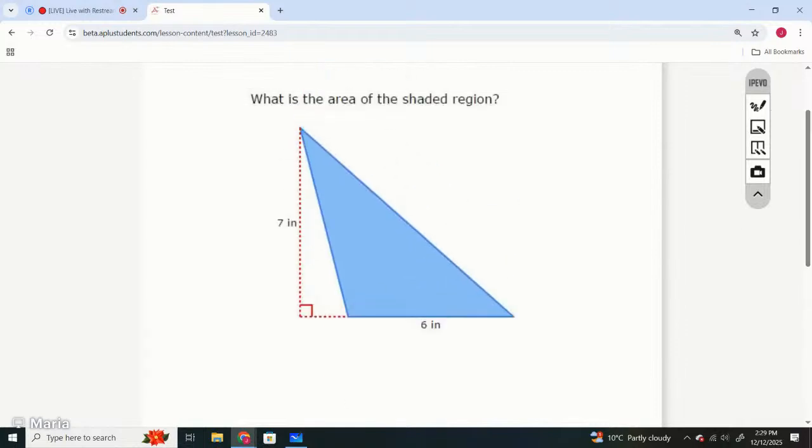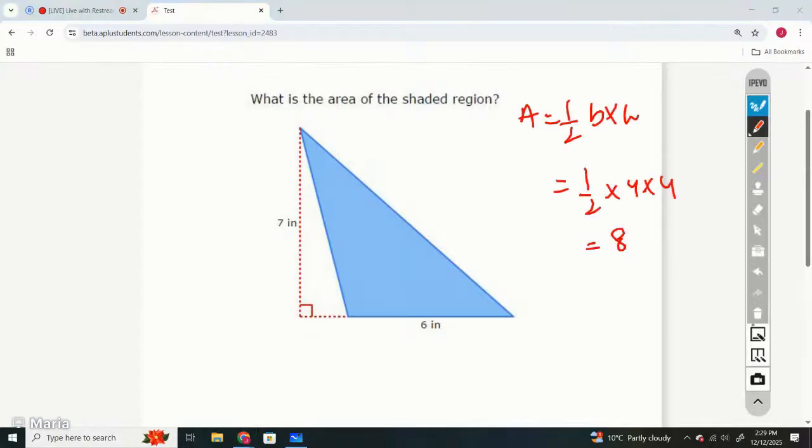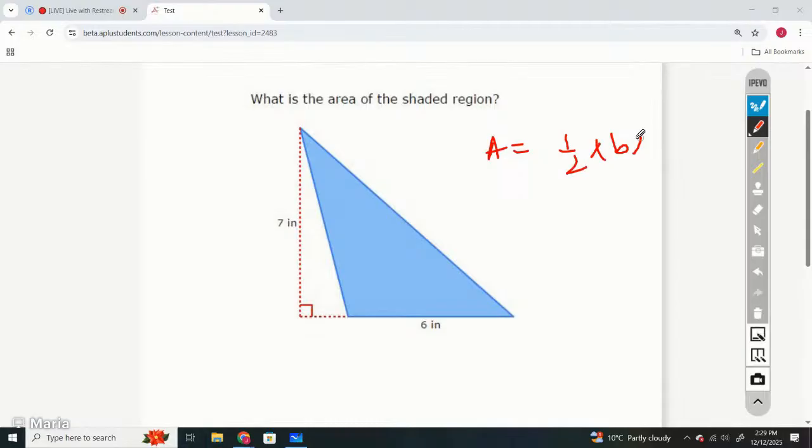What is the area of the shaded region? The formula to calculate the area of the triangle is half times base times height. So which is the correct option? Just replace the variables with a value.